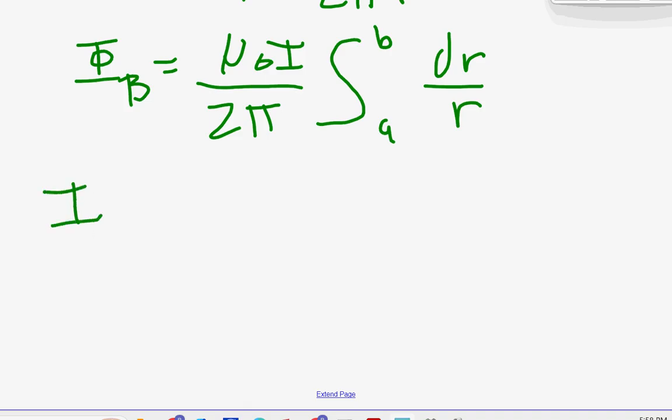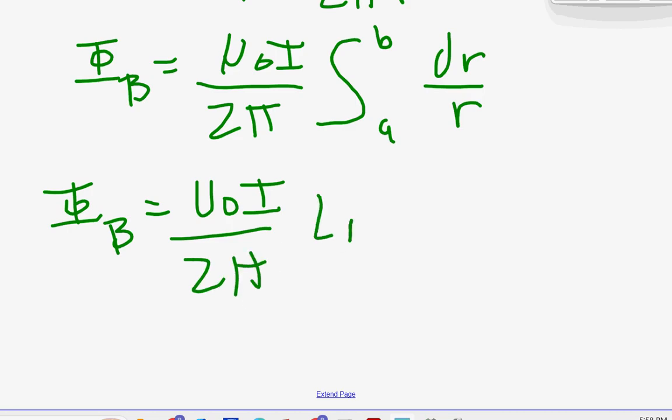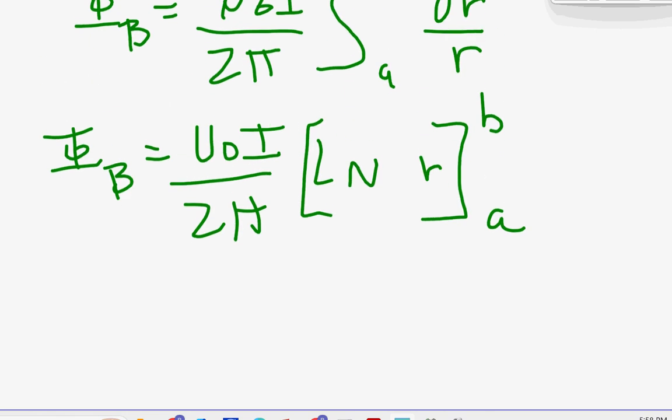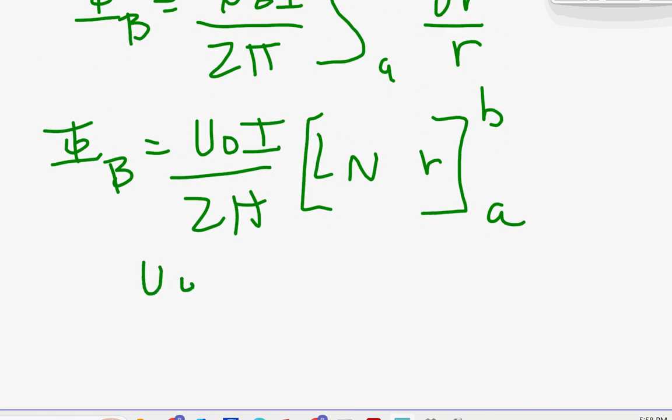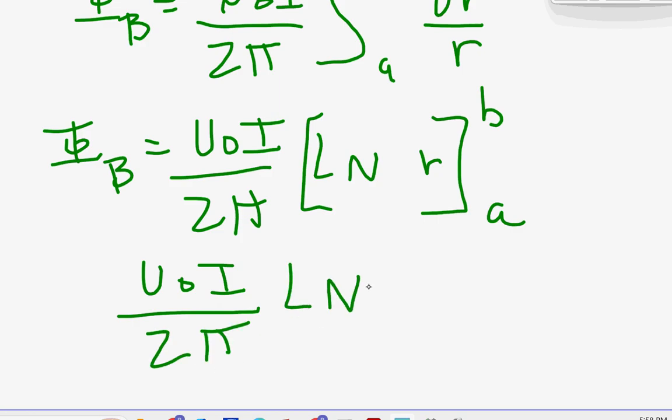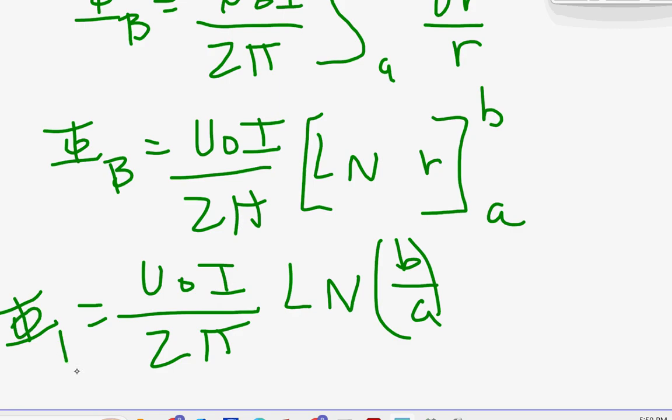So our magnetic flux equals mu naught I over 2 pi natural log of r, and we're doing the definite integral from A to B. Continuing with this, we end up with mu naught I over 2 pi times the natural log of B over A, and that is our magnetic flux.